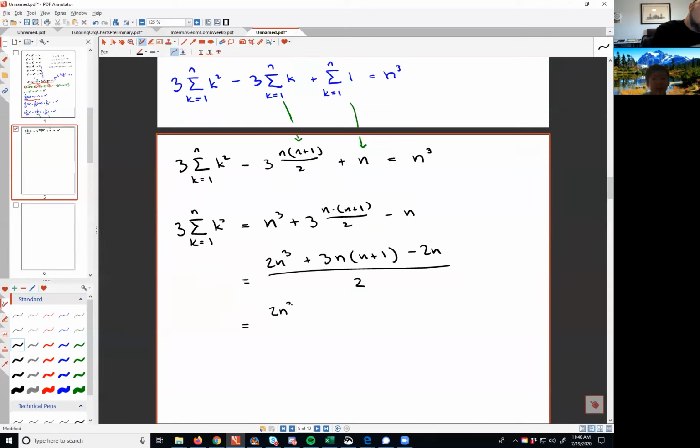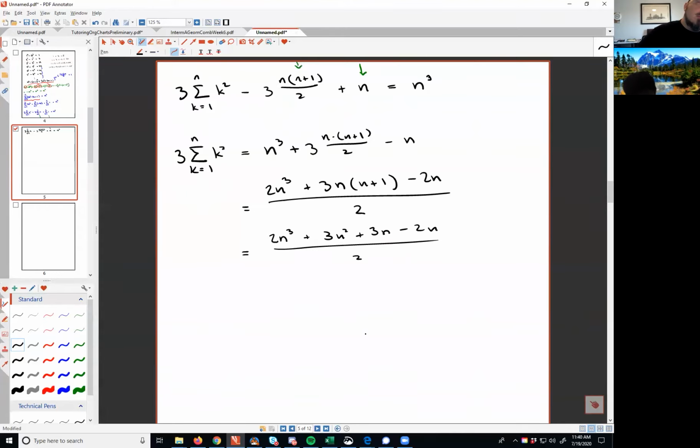Oh, you pull out the n. You can pull out n for all of them. We can. I was going to handle that factoring at the end. Check my work. The older I get, the worse I am at working while I talk.